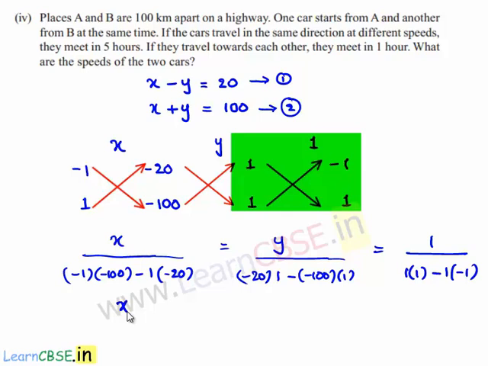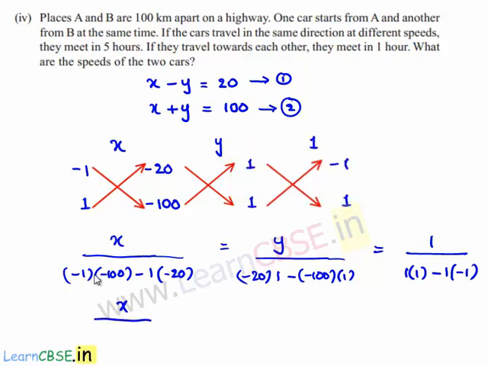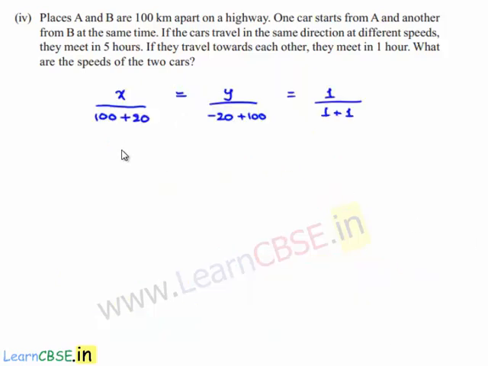This can be written as x divided by 100 plus 20, is equal to y divided by minus 20 plus 100, is equal to 1 divided by 1 plus 1. Now this becomes x divided by 120 is equal to y divided by 80 is equal to 1 divided by 2.